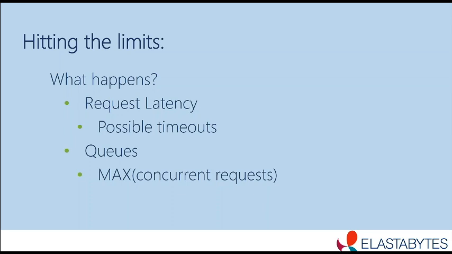And this is not the worst case scenario. The worst case scenario is that you can start getting timeouts, and this is definitely what you don't want. You also might get queues, which means that multiple requests stack up behind each other. And each database in Azure SQL Database has a certain number of concurrent requests.